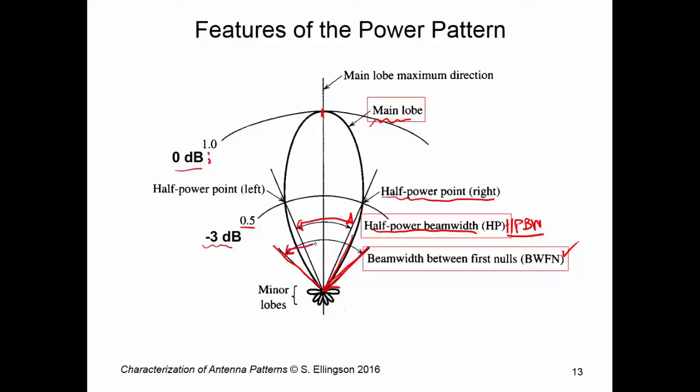And then this distance between the nulls is known as beam width between first nulls, or BWFN. And then, of course, if the antenna is very directional, we have minor lobes. So that's what's being drawn here. So antennas which are directional, and certainly antennas which are highly directional, like large phased arrays and large reflector antennas, we typically have a picture that looks very much like this.